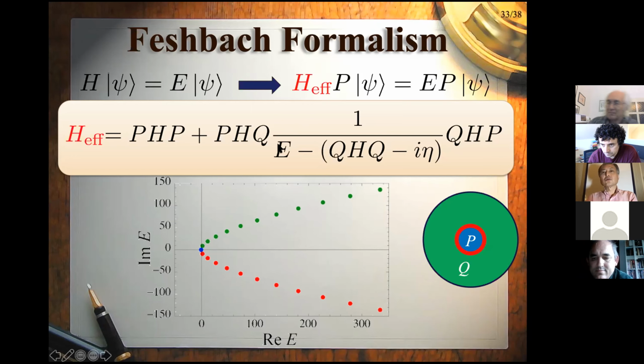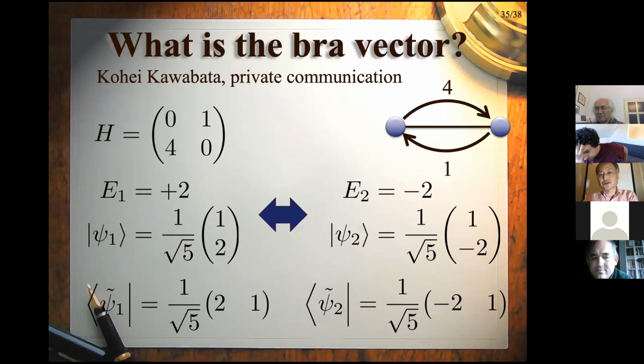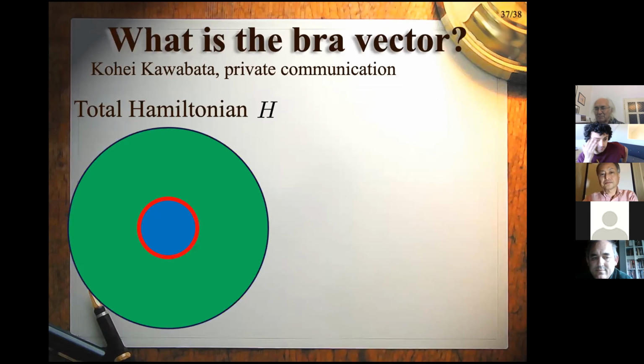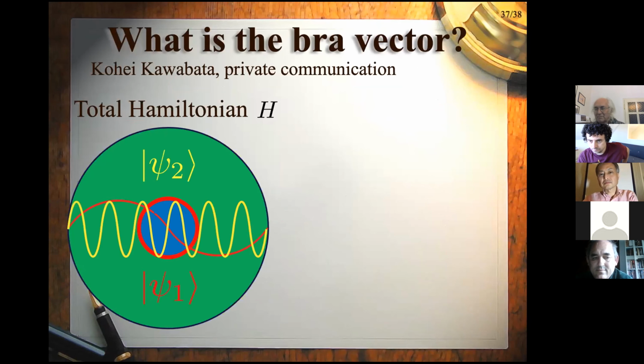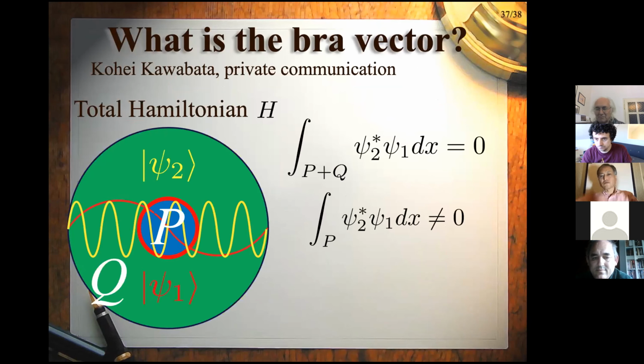The wave function is orthogonal only when we linearize it by doubling and tripling the space. But you're right. If there is energy dependence, then these are not orthogonal to each other. This is a physical way of saying that.